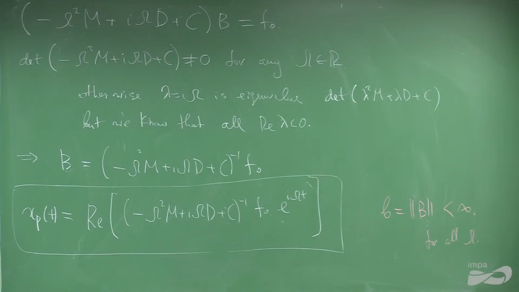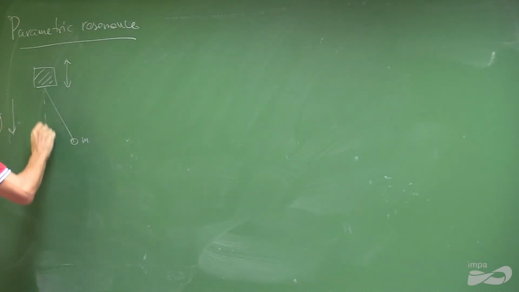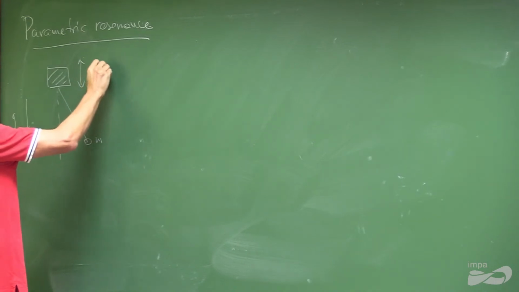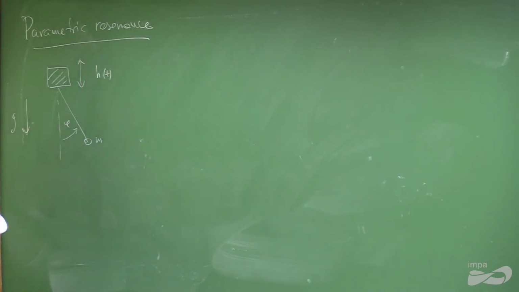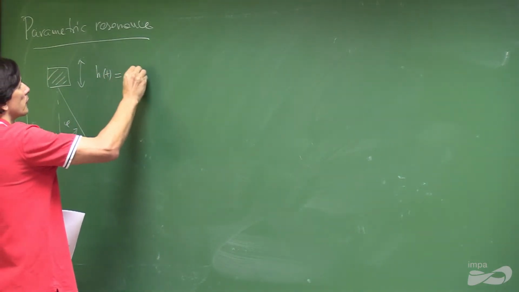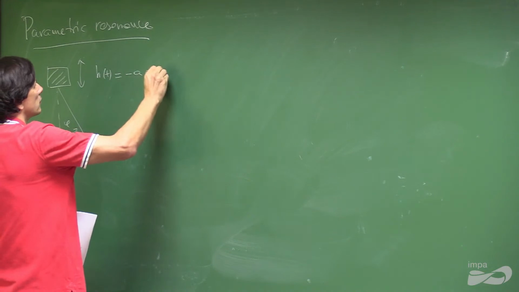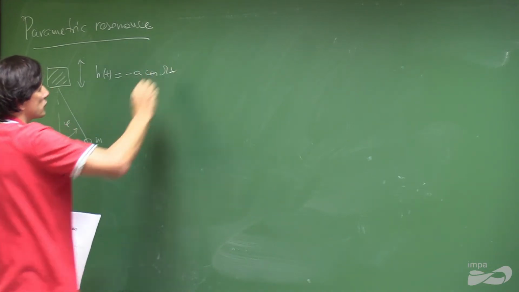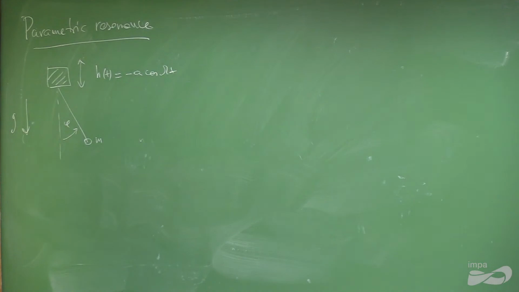The simplest example is what we already had. You have a pendulum in gravity, and then you have a support which moves periodically in time, like, remember, minus a cosine omega t, for example.